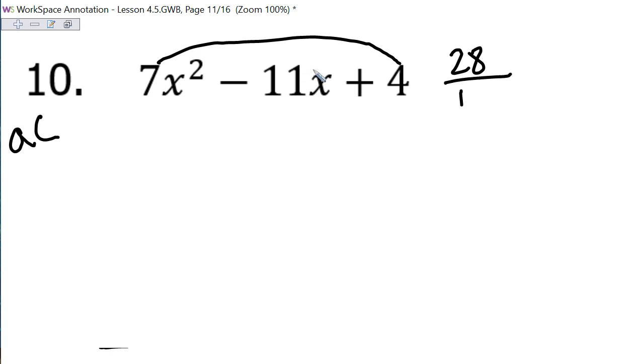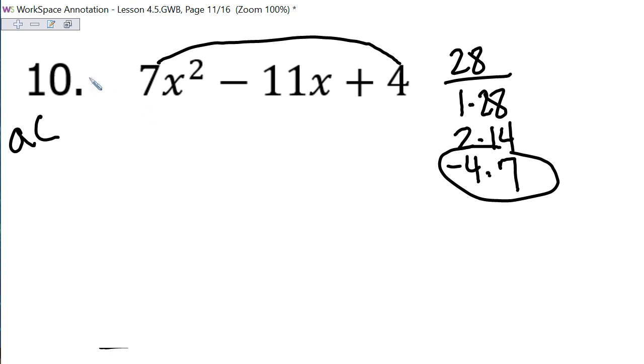So I could have 1 times 28. I could have 2 times 14. I could have 4 times 7. What do we need to add up to? Negative 11. Which pair even adds to 11? 4 and 7. Right now they add to positive 11, so what do I need? Make both of these negative.